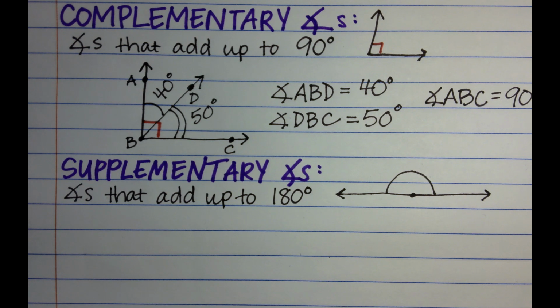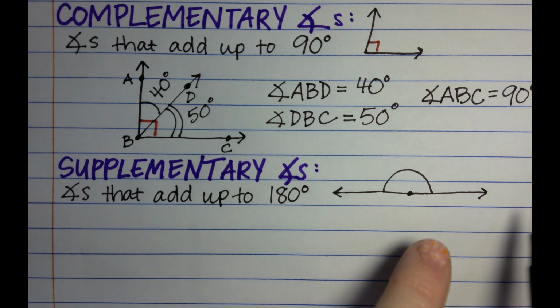Okay, I've got a question. Sure. Supplementary is 180 degrees, which is a half circle, yes, but yet it's straight. Confusing. Okay, so let's talk about it.